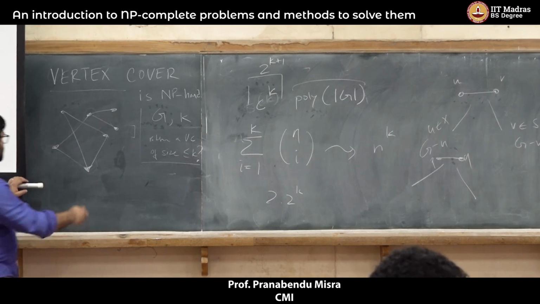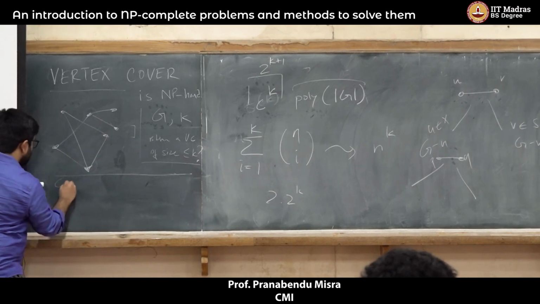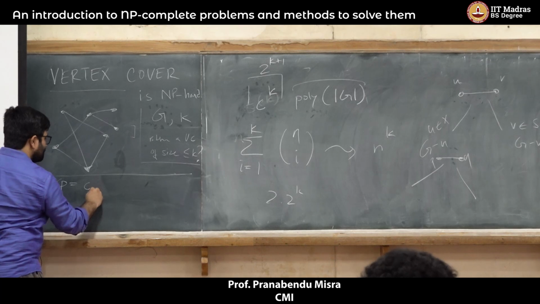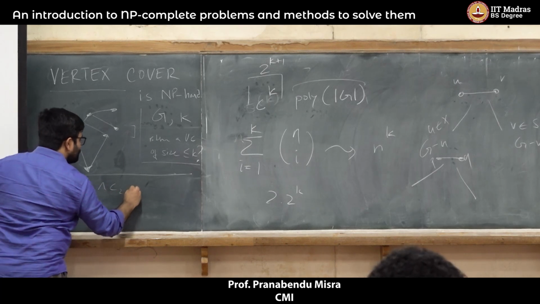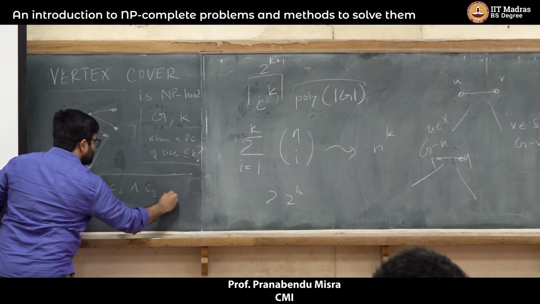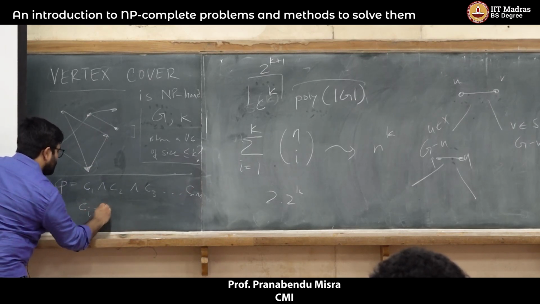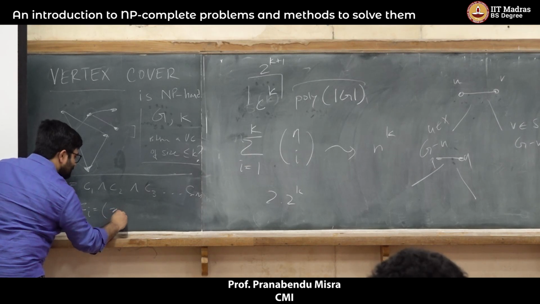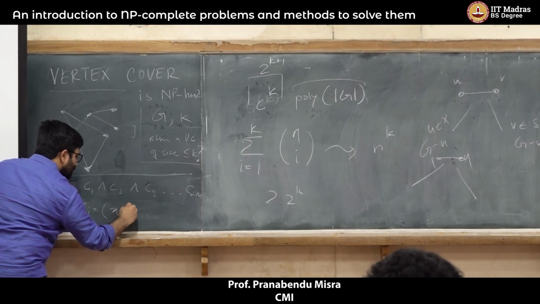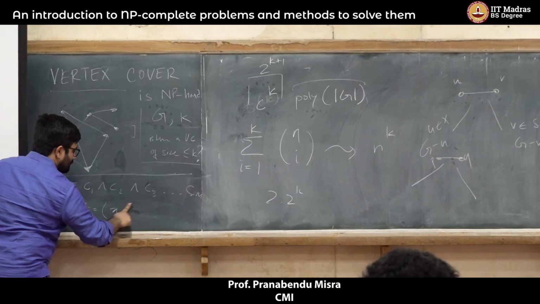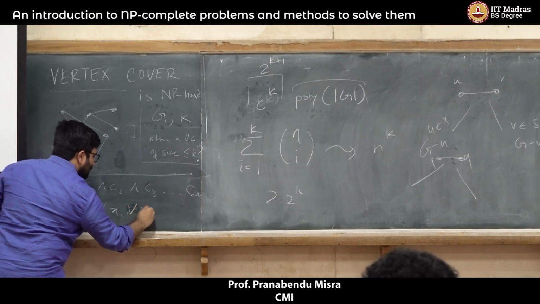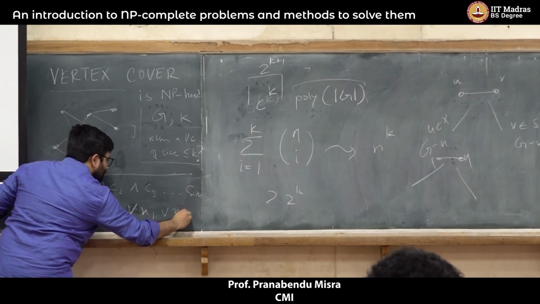So what was max 3 SAT? You were given a formula which had various clauses, right? And you have to satisfy a maximum number of such clauses, some Cm. Each clause was made up of some literals, which I'll write as xi or xj or xk, right?